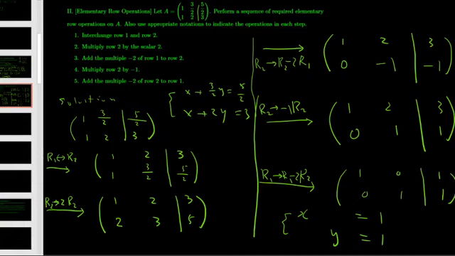After getting the simplest form, you can get the solution to the system. In this case, you can read the solution from the simplest form. X equals 1, y equals 1. That is the solution to the system.